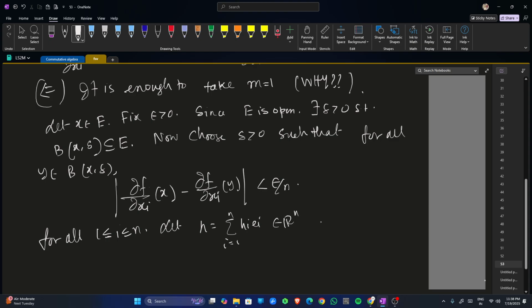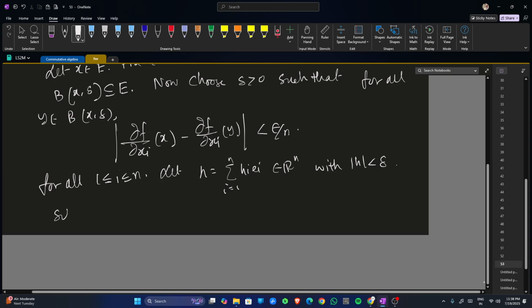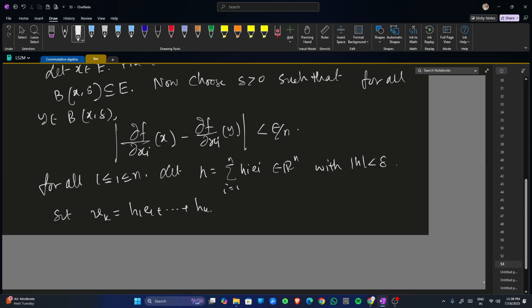I am taking any vector h with norm of h less than delta. Set v_k to be h_1 e_1 plus up to h_k e_k, starting from v_0 equal to 0, for 0 less than or equal to k less than or equal to n.